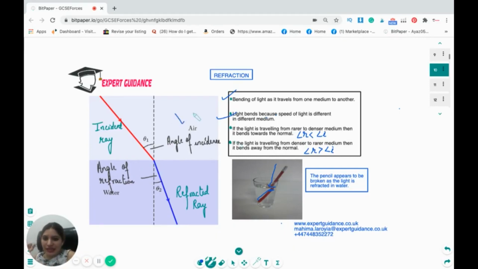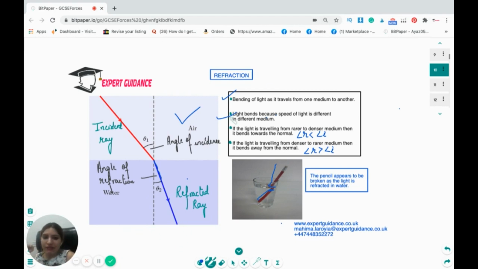So in this case, if you see in the diagram, the incident ray is going from air to water. As it is entering the water, it is bending towards the normal. The refracted angle will become smaller. So the angle of refraction is less than the angle of incidence.